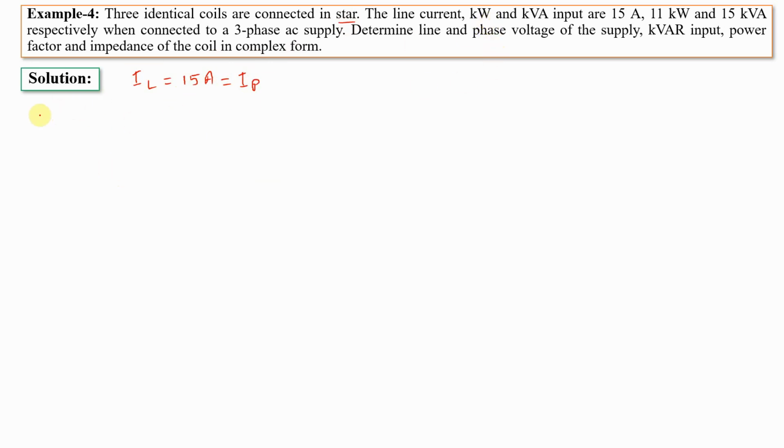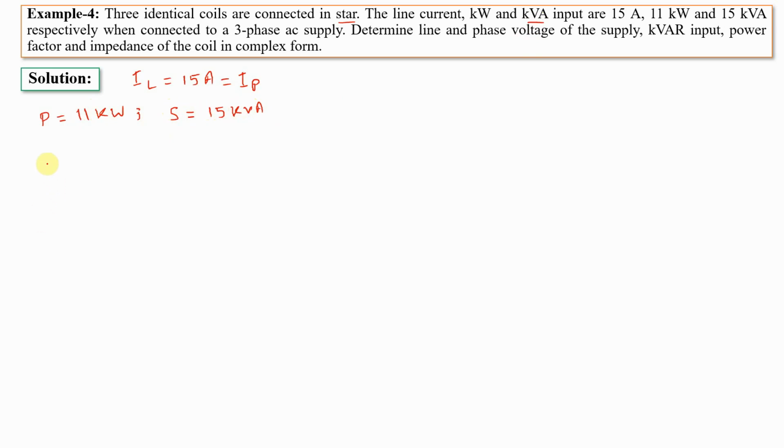Kilowatt means the active power is given. So P is equal to 11 kilowatt, and kVA is given. kVA means it is a unit of the apparent power. That means the value of S is given here and is 15 kVA. So these are the values given in the question.